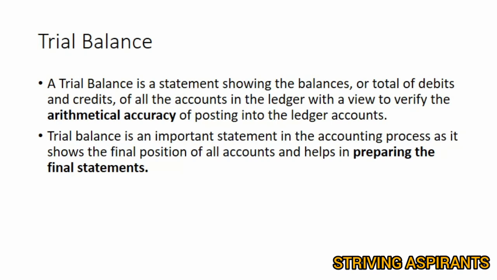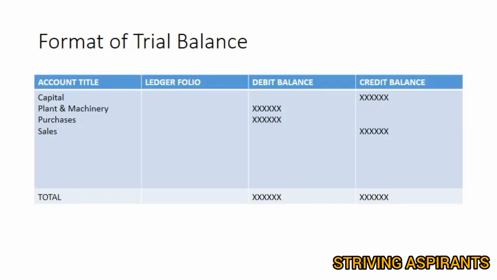So, if there is any mistake in the trial balance, then we can ascertain that there will be some sort of mistake in the ledger. So that will affect the journal also. So we have to return back to the journal to recheck regarding the mistakes.